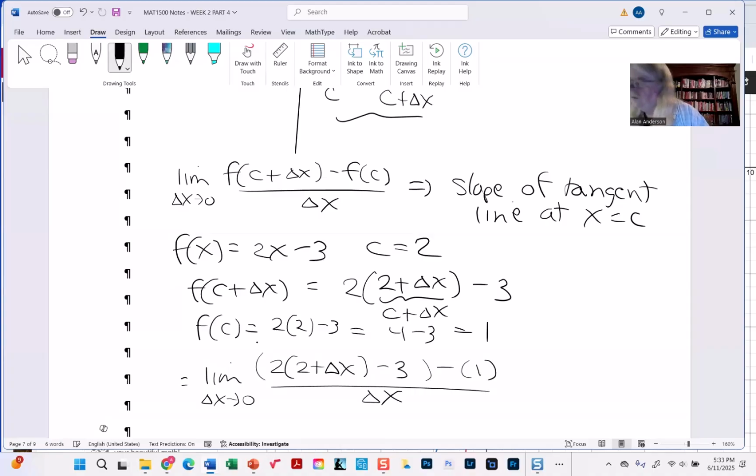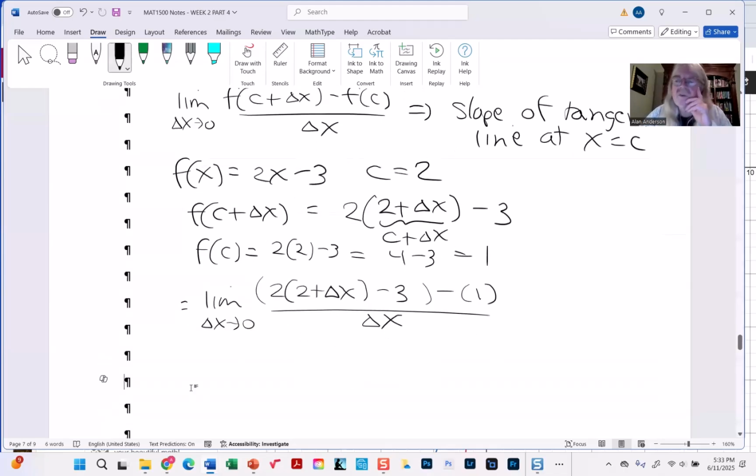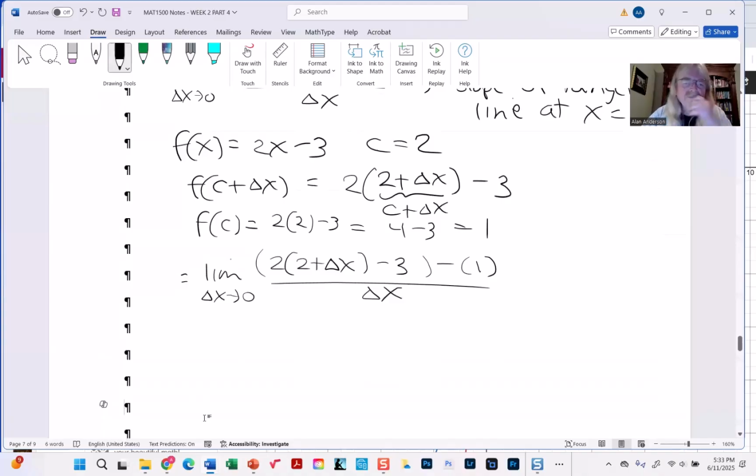Okay, so we've replaced our f of c plus delta x and our f of c. Now we just have to do some algebra and then we'll take a limit. All right, here we go.